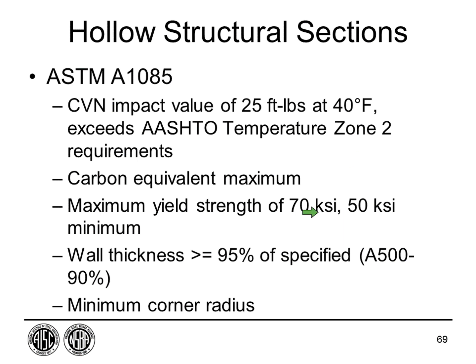It has a maximum on the carbon equivalent, a maximum yield strength, and improved wall tolerances. If you've designed with A500 on a building site, you know you have to discount the thickness by 10%. They're much closer on this one. It also has a minimum corner radius, so it gets better behavior.